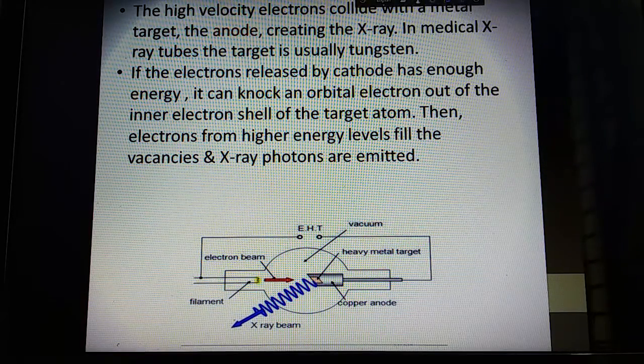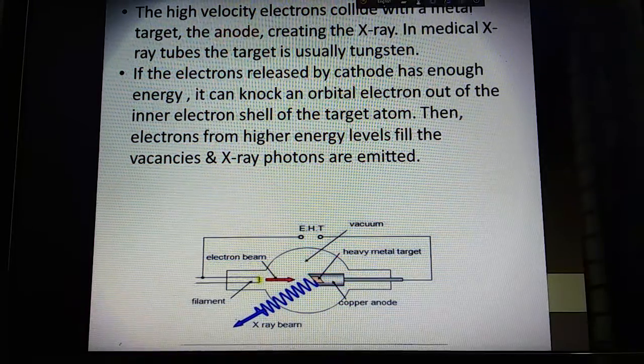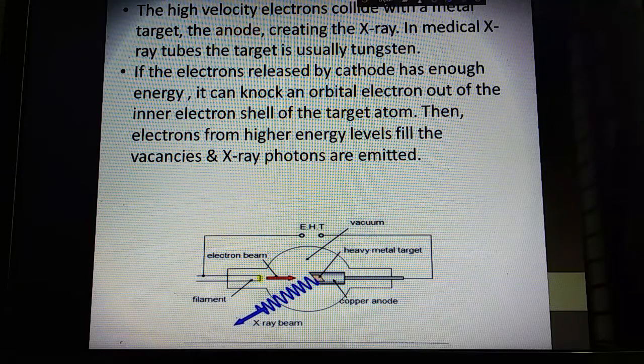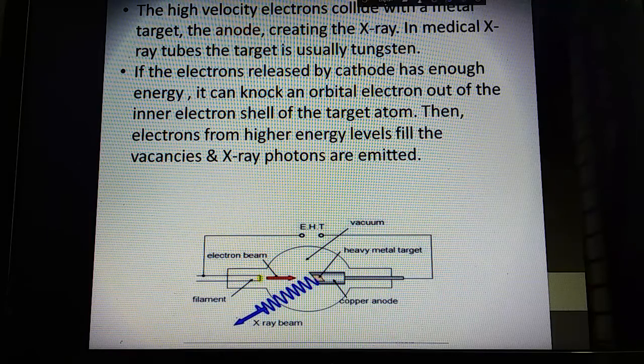Cathode: what is cathode? Due to high voltage, electrons are emitted from the cathode. Why are they emitted? A question may arise: why are the electrons emitted from the cathode? Because when a high voltage difference is maintained in an X-ray tube, an excessive amount of heat is generated here, and due to the heat, electrons are released from the filament, or the cathode.